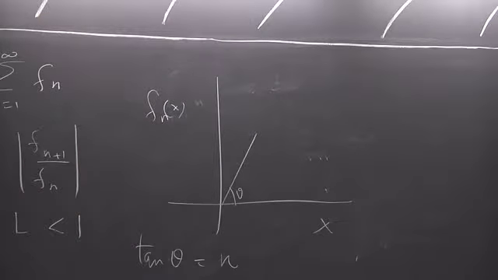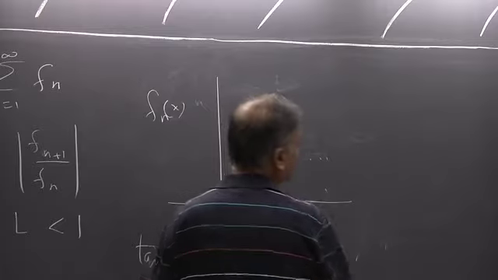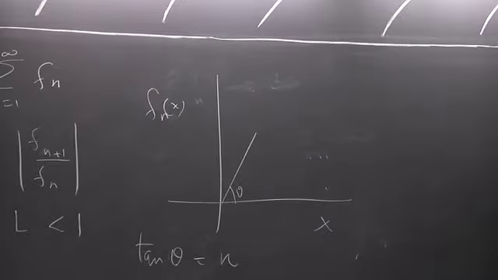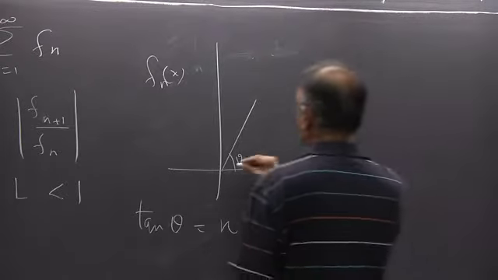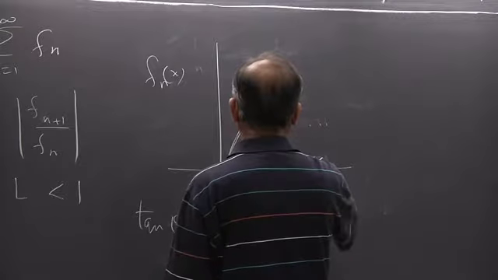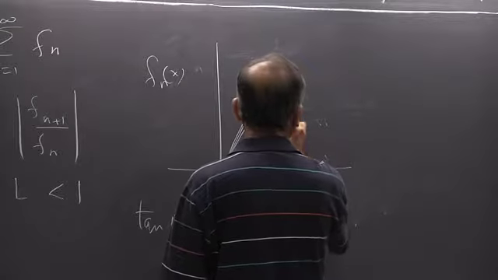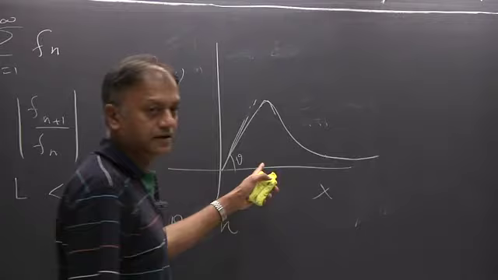But as you increase x, this exponential suppression will dominate compared to this linear growth. So for large values of x, it will go to 0. So it goes up like that, and then goes down like this.